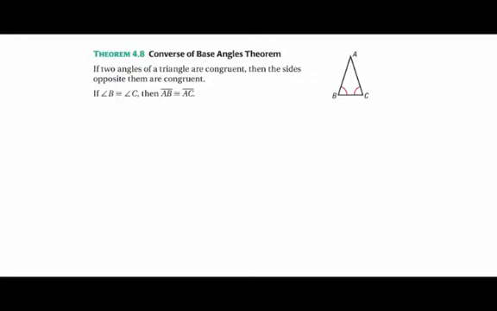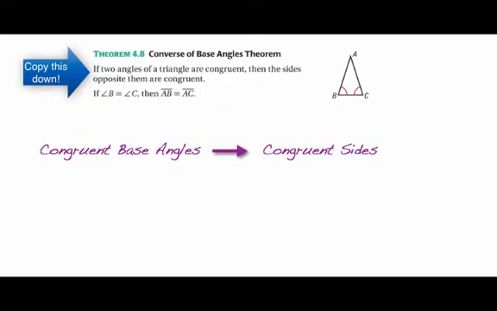And our converse of this is going to say if we know that our base angles are congruent, then the sides opposite of our base angles are going to be congruent, leaving us with an isosceles triangle. So in this picture, since angle B is congruent to angle C, those are going to be our congruent base angles. So we need to look at the sides opposite them. So we know that segment AC is opposite of angle B, and segment AB is opposite of angle C. So we know that AB is going to be congruent to AC.